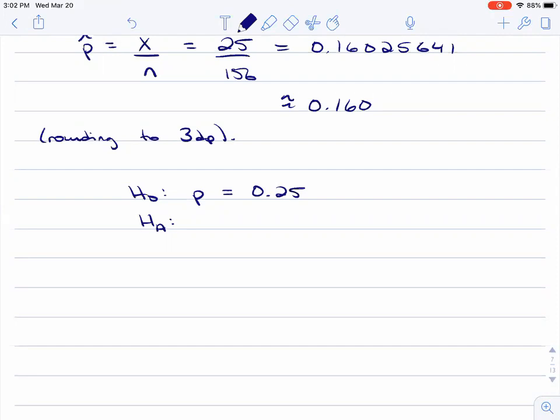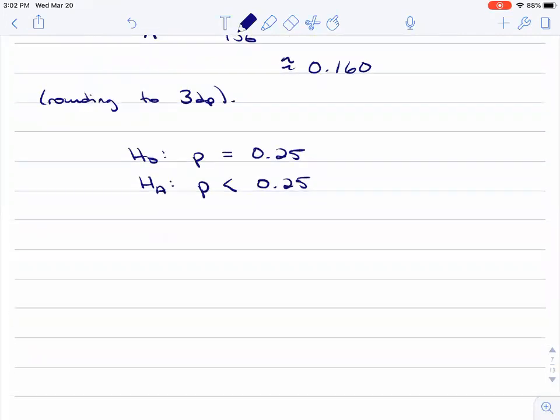Is this one less than all the others? So now we suspect that P might actually be less than 0.25. So we have a one-sided test again, but by the sign, we're going to be in the lower tail instead of the upper tail this time.